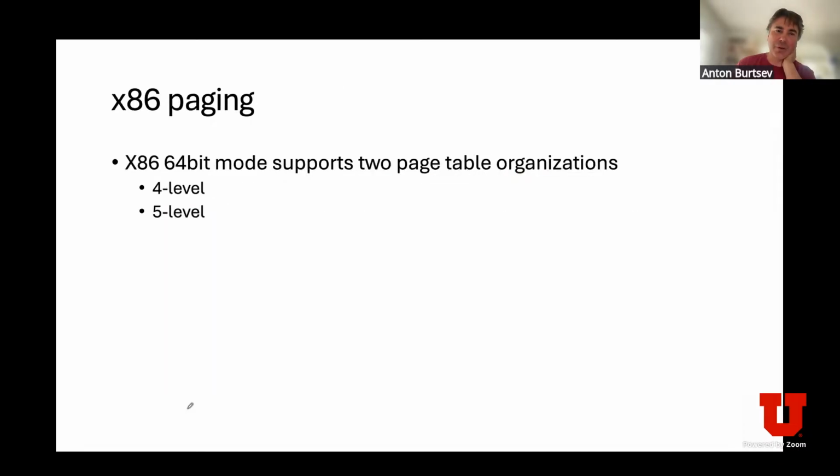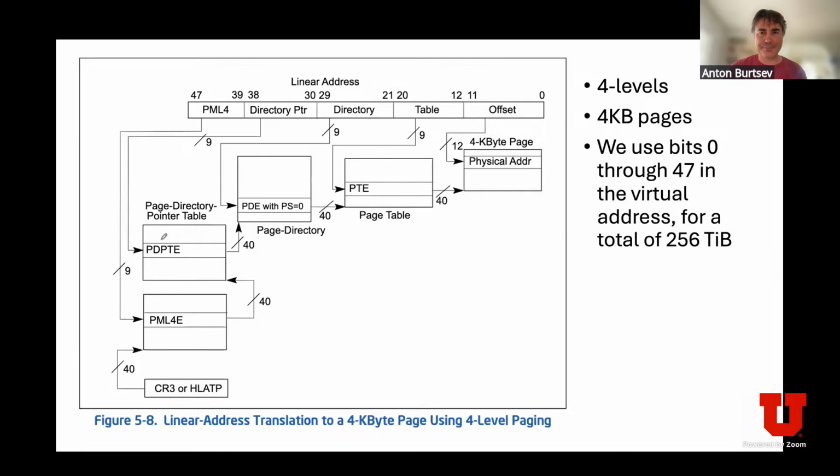Let's quickly review the x86 paging in 64-bit mode. In general, Intel supports a ton of different paging variations, but the two main ones you have to remember is that it supports either 4-level or 5-level page tables. So again, it's very similar to what we've seen before.